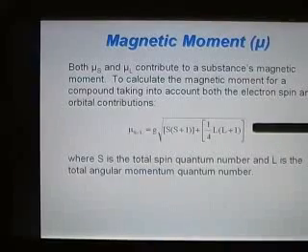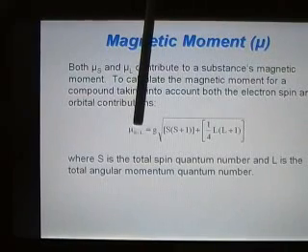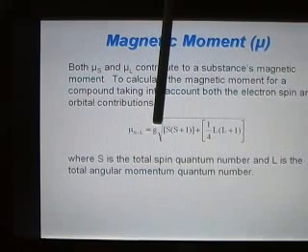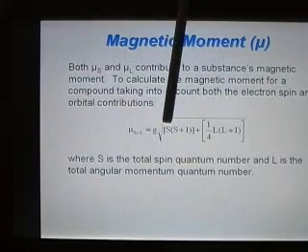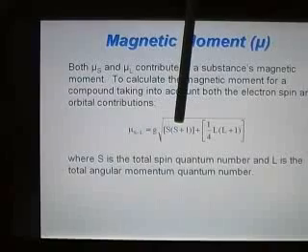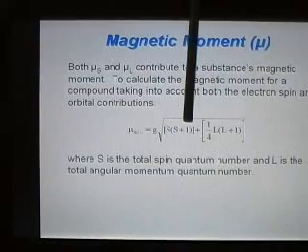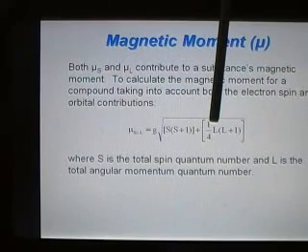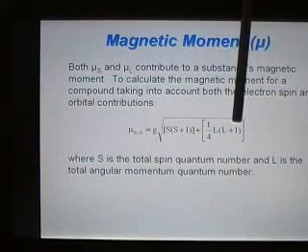Mathematically, this is how it's done. The magnetic moment, taking into account both the spin and orbital components, is equal to g, which is called the gyromagnetic ratio, times the square root of the total spin quantum number S, so you add up all the spin quantum numbers for the unpaired electrons, times S plus 1, plus 1/4 times the total angular momentum quantum number L times L plus 1.